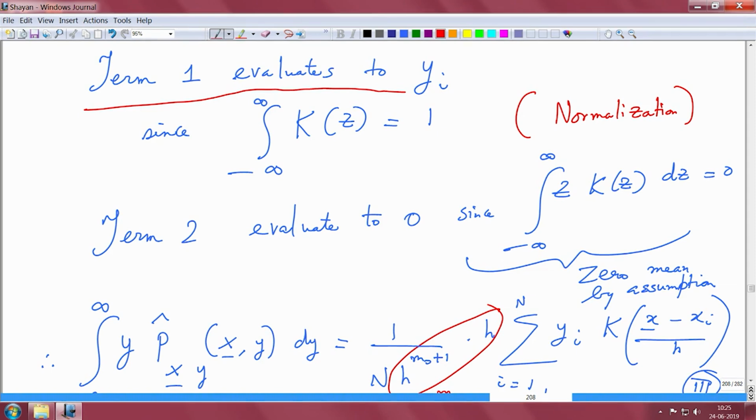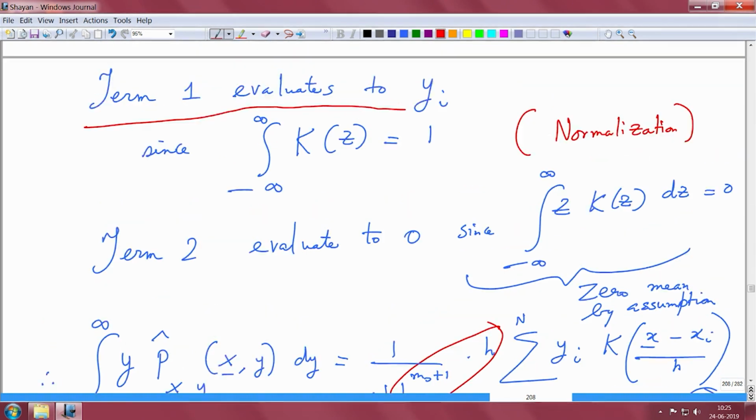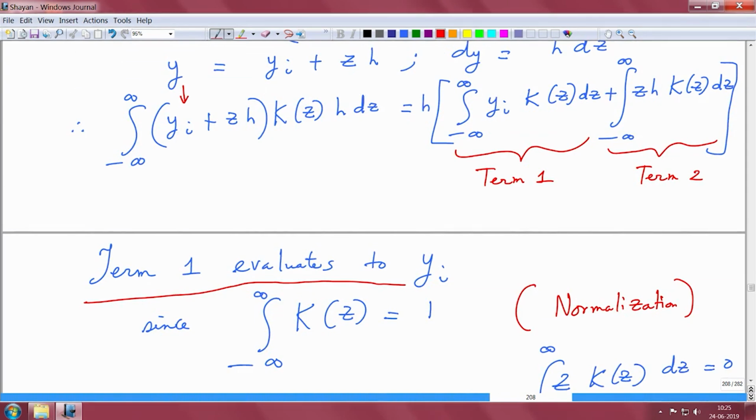Now, what boils down here is this integral minus infinity to plus infinity y times this joint density can now be simplified. So, 1 upon n power h power m naught plus 1 is what we have. So, by plugging these values, term 1 is 1, term 2 evaluates to 0.